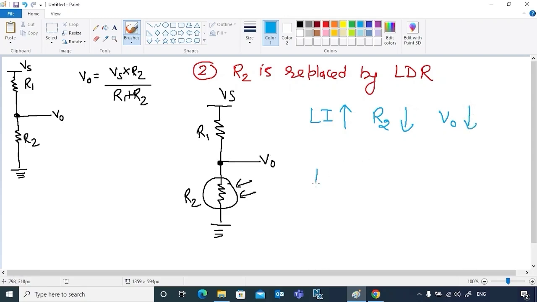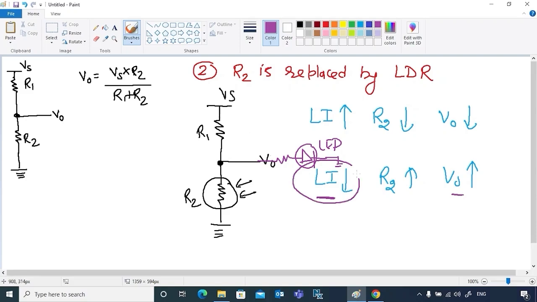Whenever light intensity is decreasing, it means R2 is increasing. If R2 is increasing, it means V output is increasing. So if you connect the LED with a series resistor here, the LED will glow in the dark area when VO is increasing, when light intensity is decreasing.